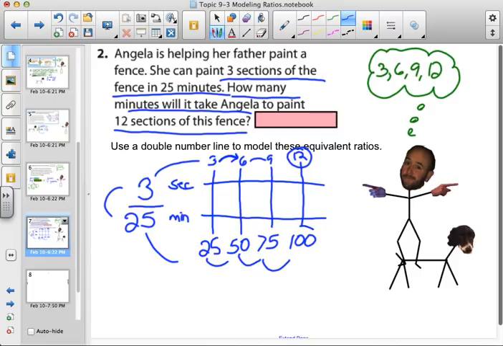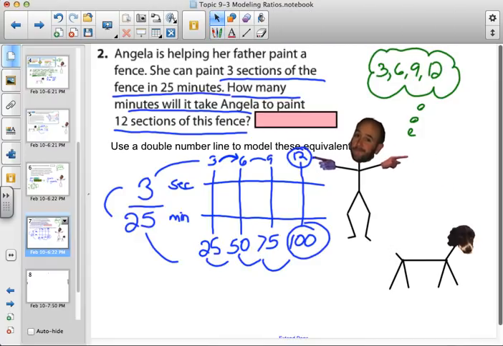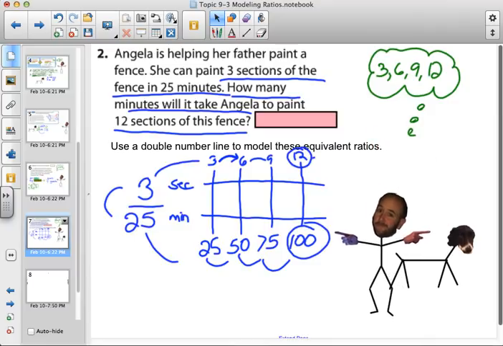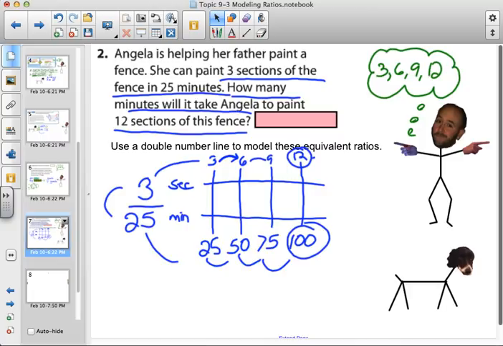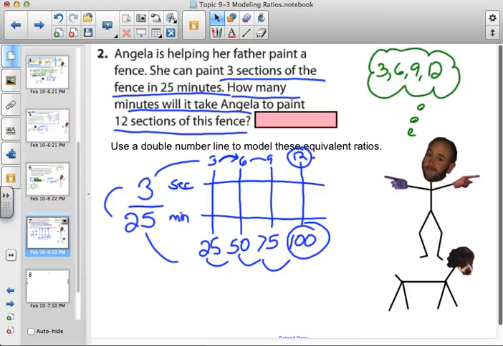So that tells us the answer to our problem. If we want to paint 12 sections, it's going to take us 100 minutes. Okay, we'll check the answer, Pat. And sure enough, it tells us 100 minutes.